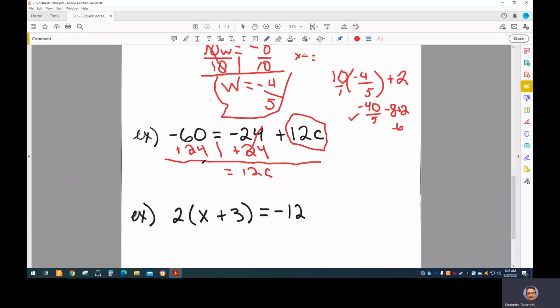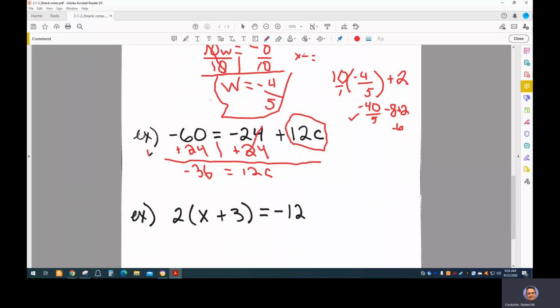Now we have to do the math here. Okay. Well, I can take away 20 out of this would be 40. And then if I take 40 minus 4 gives me a 36. And the bigger number was negative, so it's going to stay negative. Now I have to say, is C by itself? No, it's not.